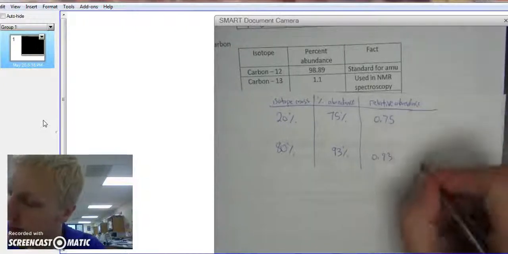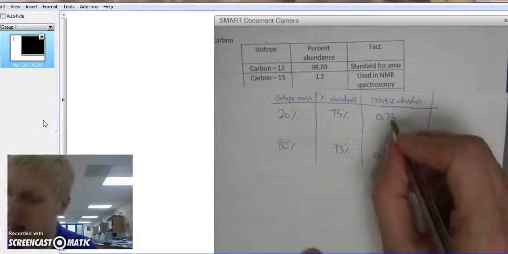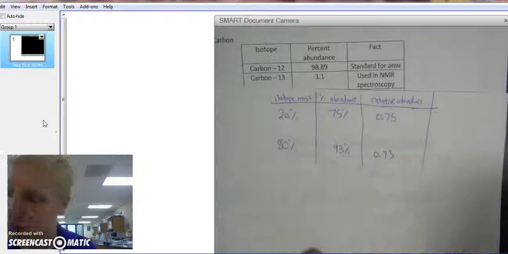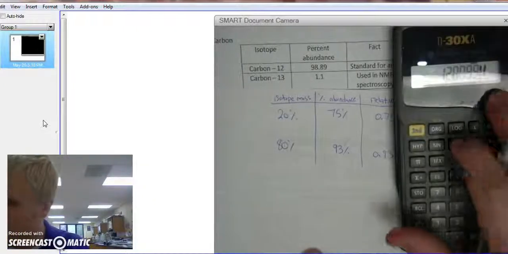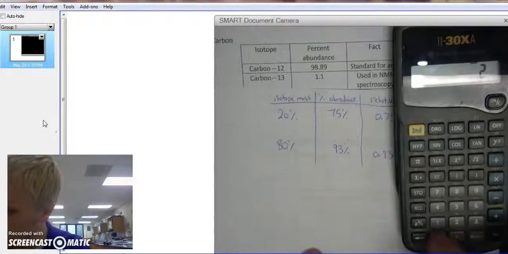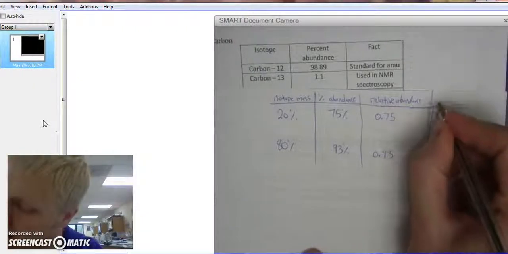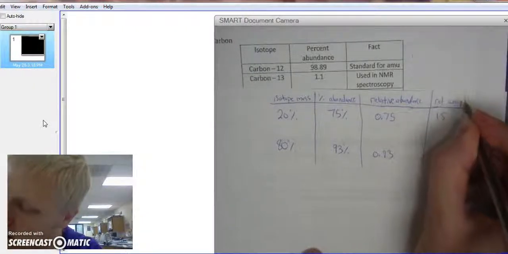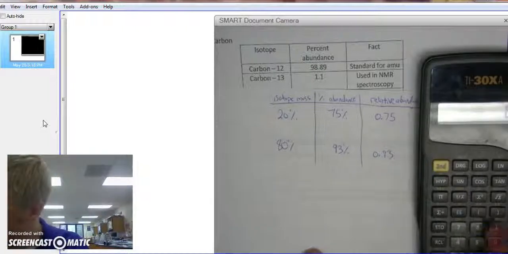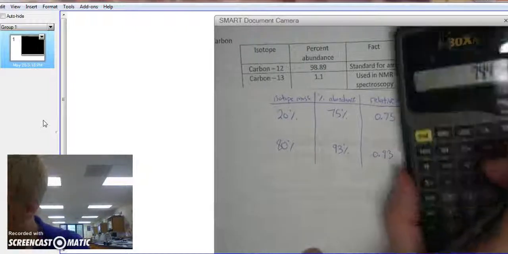And then we want to find our relative weight, or our relative grade basically, by taking the relative abundance times the isotope mass. So we take 0.75 times 20, it's 15. 0.93 times 80 is 74.4.